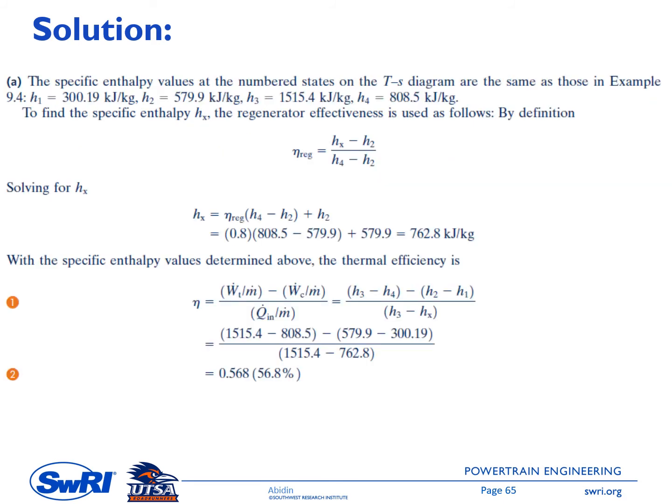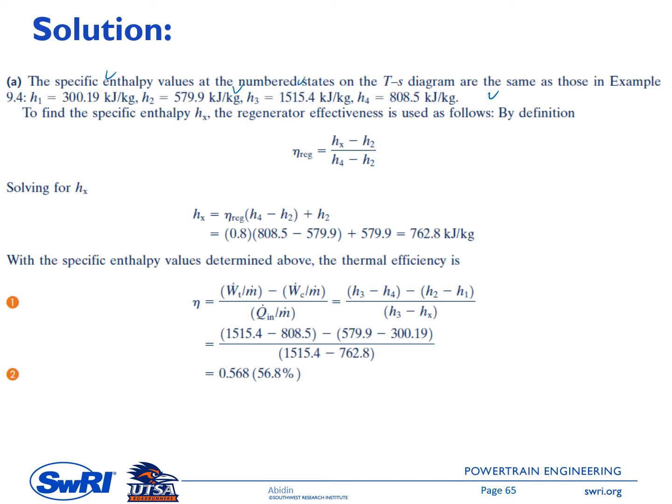The first step is that we need to determine the state properties at each point. H1 we know from the previous example, temperature 300 Kelvin. Using table A-22 we get H1 is 300.19 kilojoule per kilogram, and then H2, by using the correlation of the pressure ratio to the PR ratio, we will get 579.9 kilojoule per kilogram.